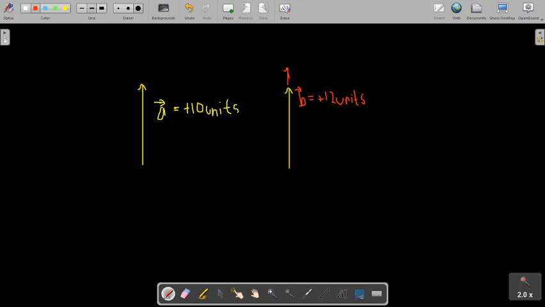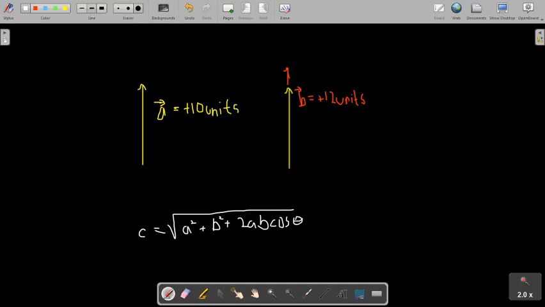So what is the formula for the magnitude of the resultant? That is, c, the magnitude of the resultant, equals the root of the magnitude of the first vector squared plus the magnitude of the second vector squared plus 2 times the magnitude of the first vector times the magnitude of the second vector times the cosine of theta.